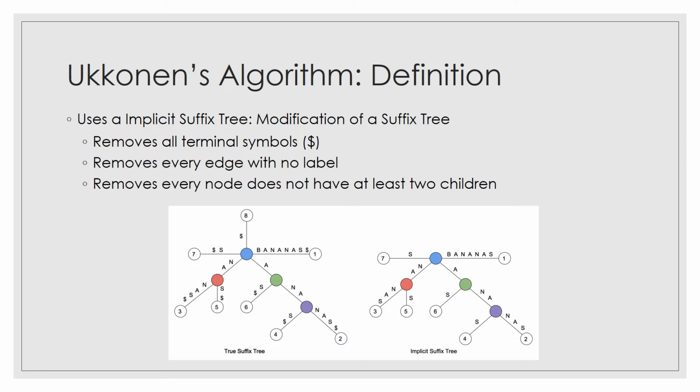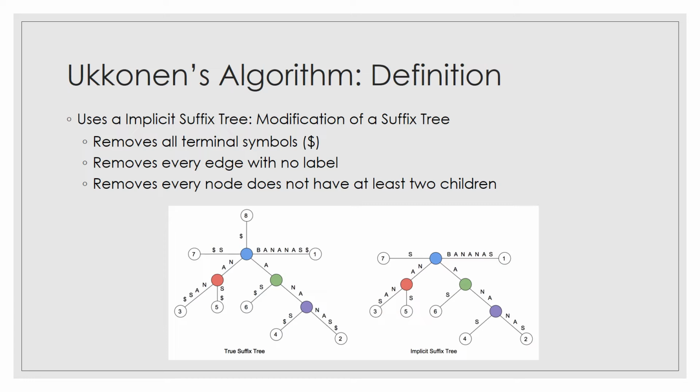So let's move on to Ukkonen's algorithm. It starts off by using an implicit suffix tree, which is a modification of a suffix tree. The 3 things we modify to make an implicit suffix tree: first, remove all terminal symbols.